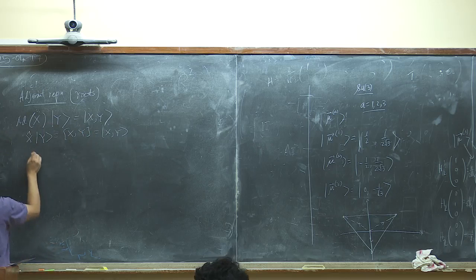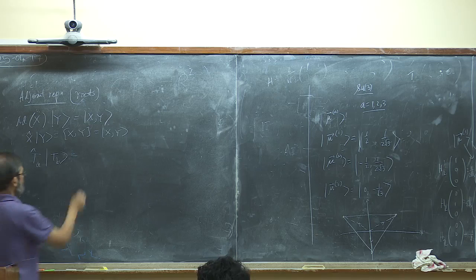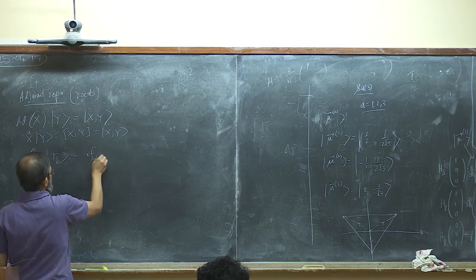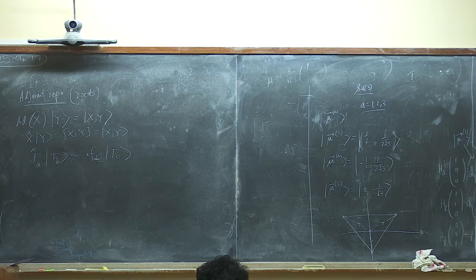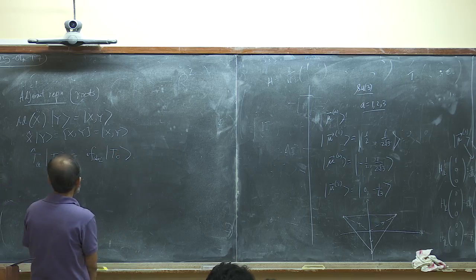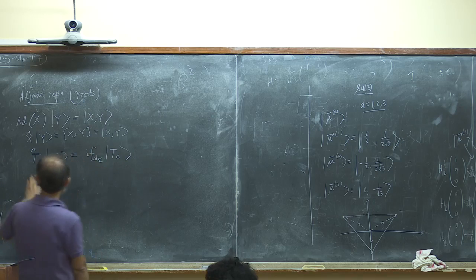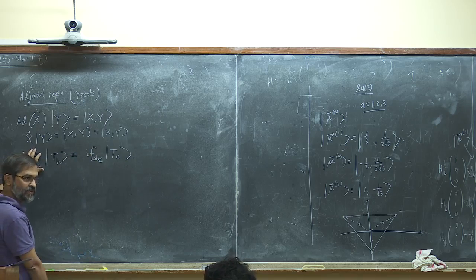So now let's say that I write TA acting on TB, what should that be? It is this TC. This we have already said before, but I'm repeating this to jog your memory. As a result, the FABCs are the matrix representatives of the TAs in the adjoint representation.